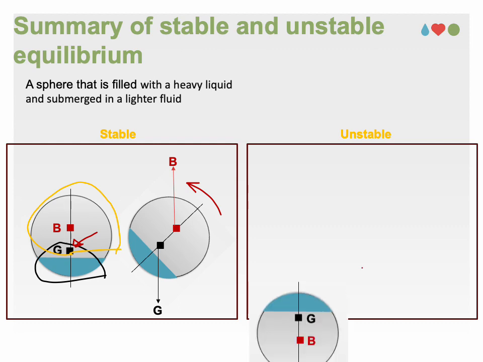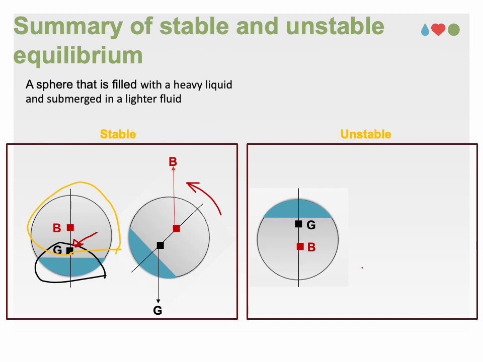On the other hand, if the sphere is positioned such that the heavy liquid occupies the upper portion and the lighter liquid or lighter fluid occupies the lower portion as shown here, it creates an unstable equilibrium. Here, the center of gravity is above the center of buoyancy.